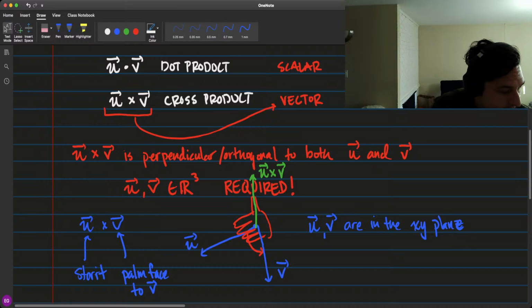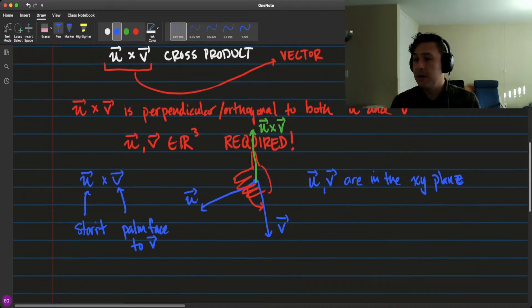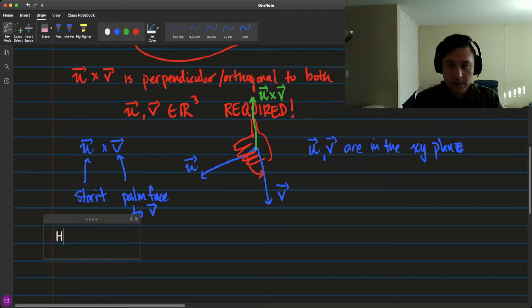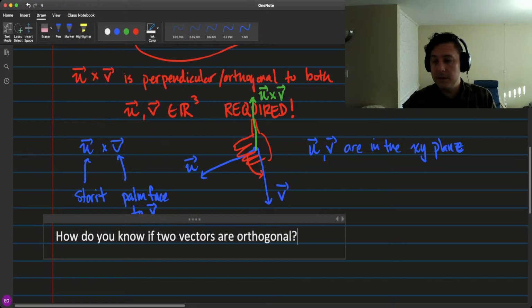Okay, so let's talk about how you calculate this. How do you know if two vectors are orthogonal?